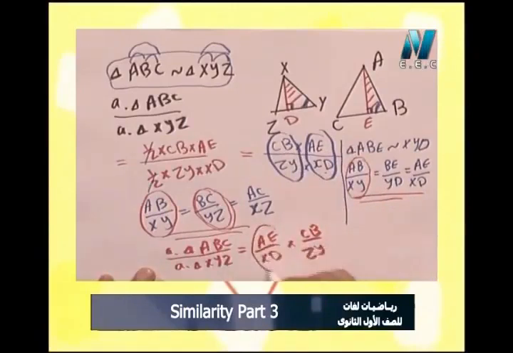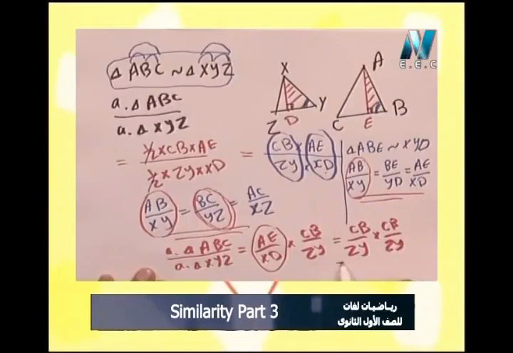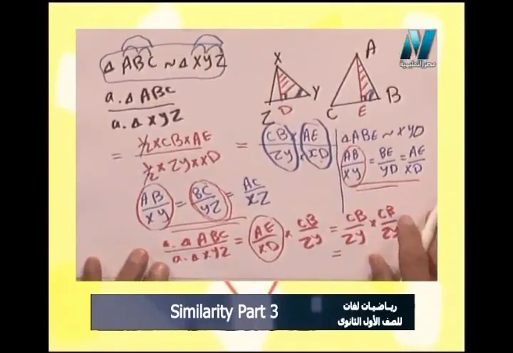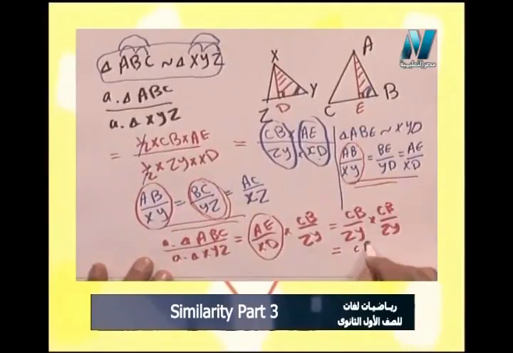And we can replace this by CB over ZY multiplied by CB over ZY, which equals CB over ZY all power 2.